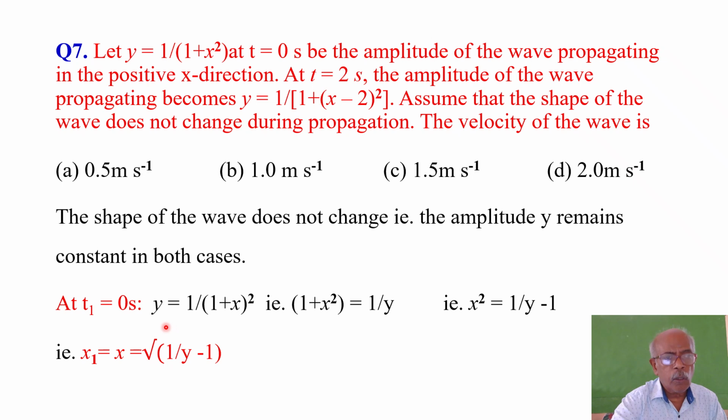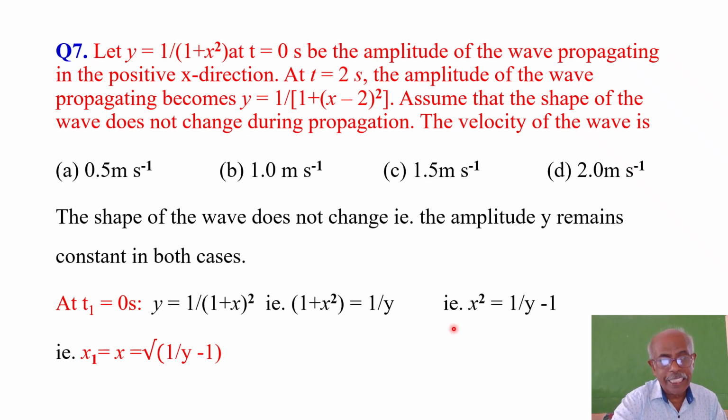So at t equal to 0, y is equal to 1 by 1 plus x the whole square. Now you bring this 1 plus x square to the left hand side and this y to the right hand side. So 1 plus x the whole square is equal to 1 by y.